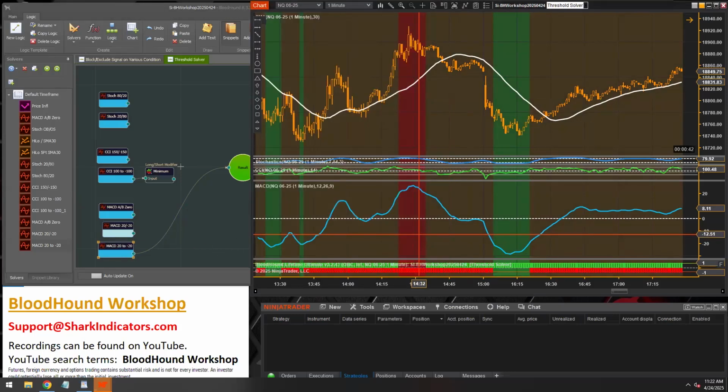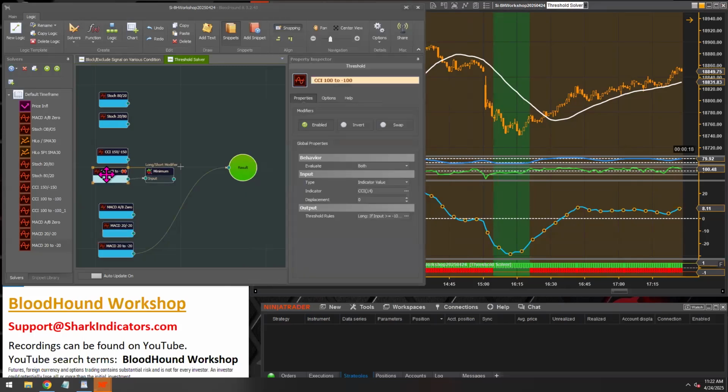So we're interested when the solver gives us a long and a short output at the same time. So here our MACD is below negative 20, and so we have a long only output. So again, that's the opposite of what we did over here for the CCI.